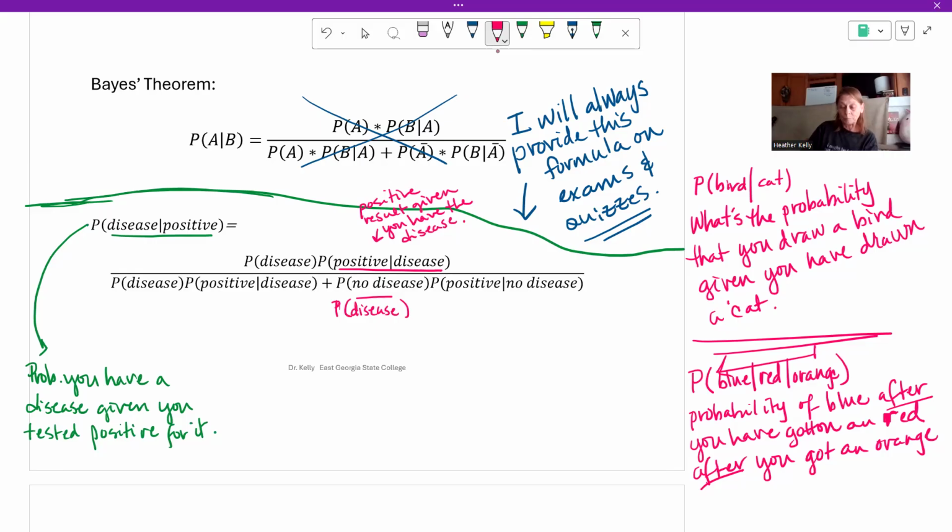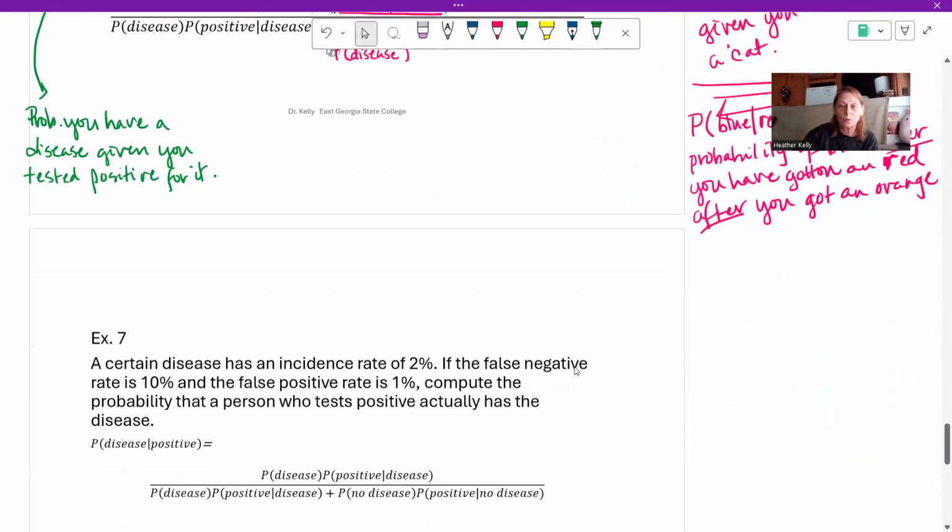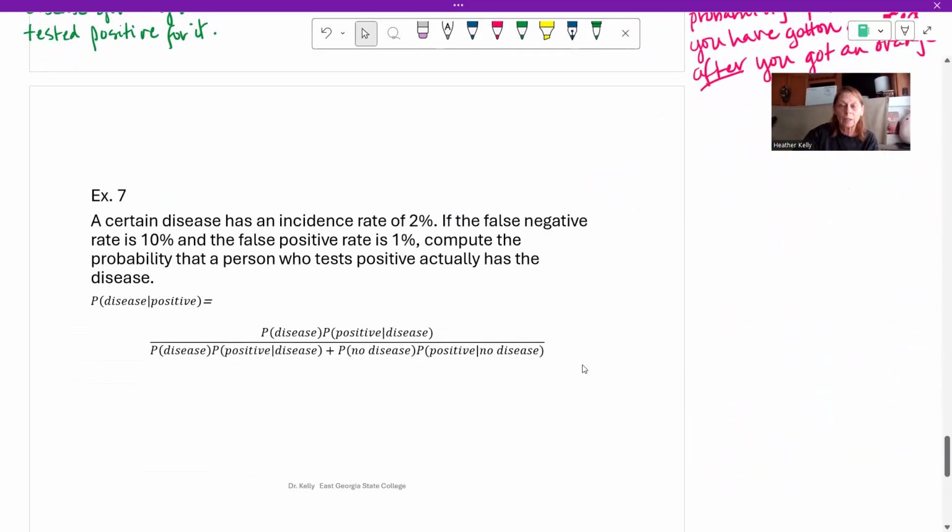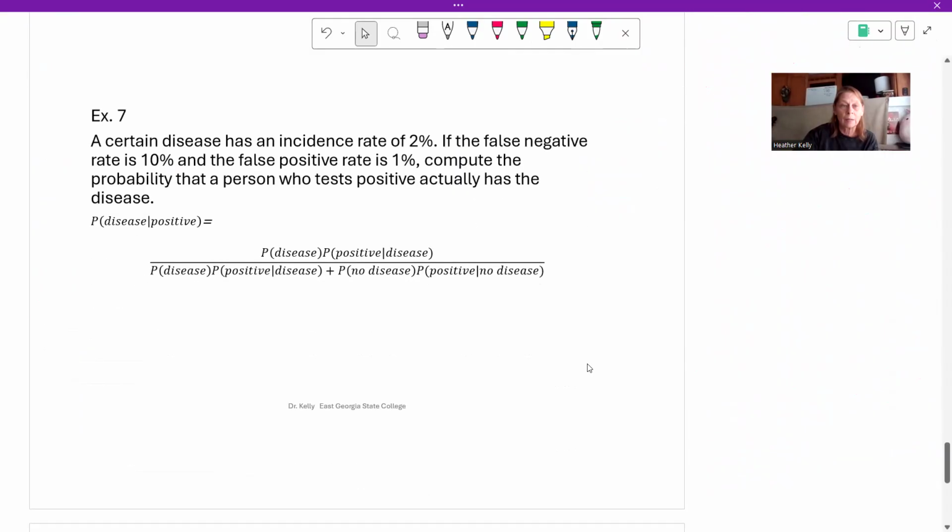Now, these things here have their own special words, own special language here. And so I'm going to get onto this first example here. Okay. So let's read it. A certain disease has an incidence rate of 2%.